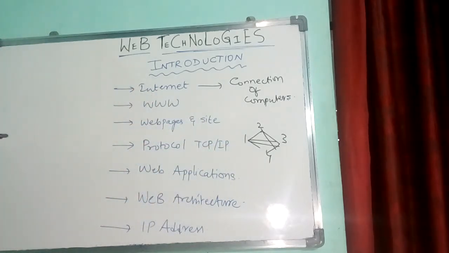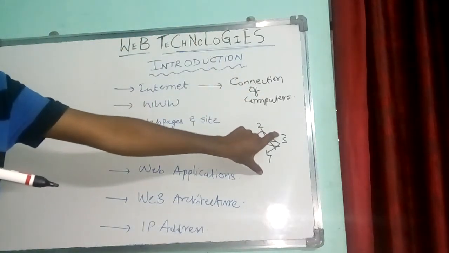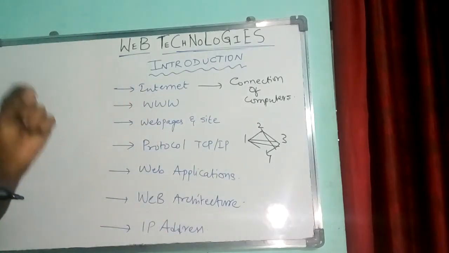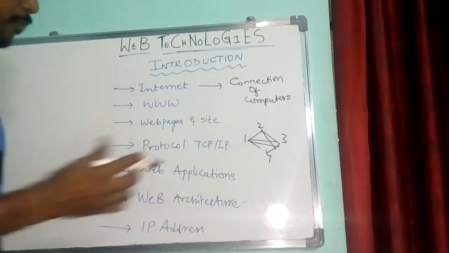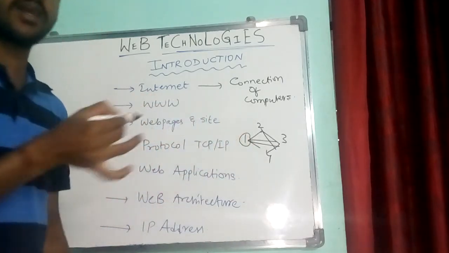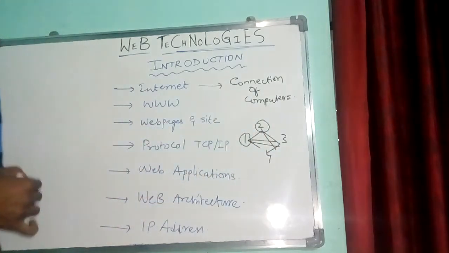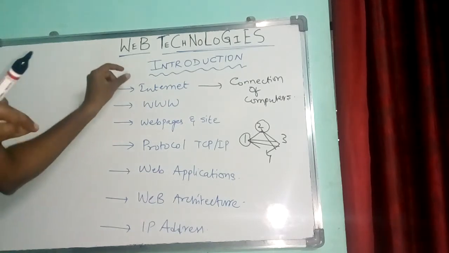Similarly, all the networks which are present are called the internet. That means the connection of all the networks. Suppose the first computer has a network, the second computer has another network, the third computer has another network. All these networks together form the internet.